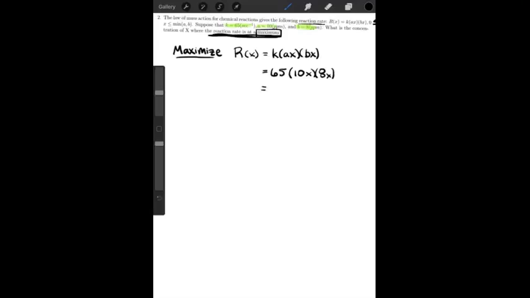So in other words, we get 520 x squared. So this is our objective function. That's the thing that we're trying to maximize.